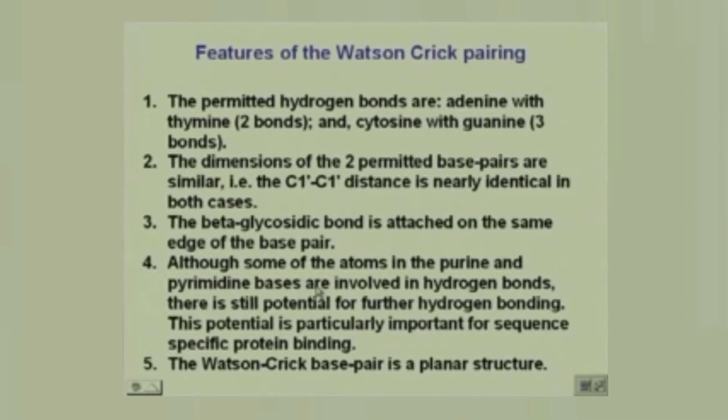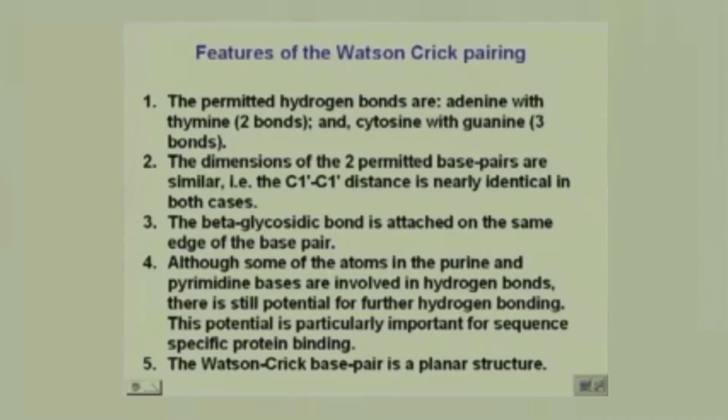and even though we have the specific hydrogen bonds that are shown for the normal Watson and Crick pairing, you recall that there are other nitrogens also available. For example, the Hoogsteen pair looks at another nitrogen altogether, right? So it means there are still other potential hydrogen bonding partners available.